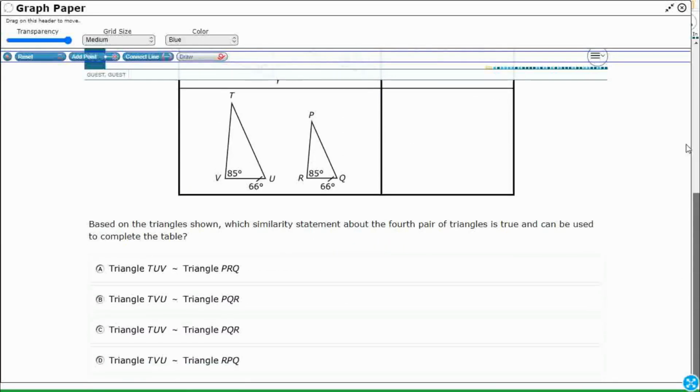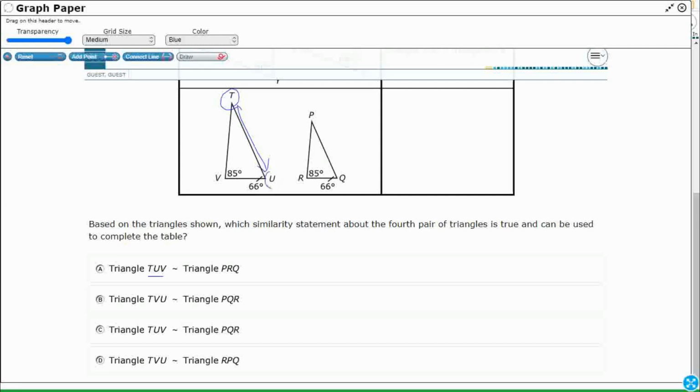So let's try this first one, TUV. So T is the top, down to the right for U, and then over to V. And then I've got P. Oh, look, it went in the wrong direction. It's supposed to go down to P, down to Q. So I can eliminate A because it went in the wrong direction.